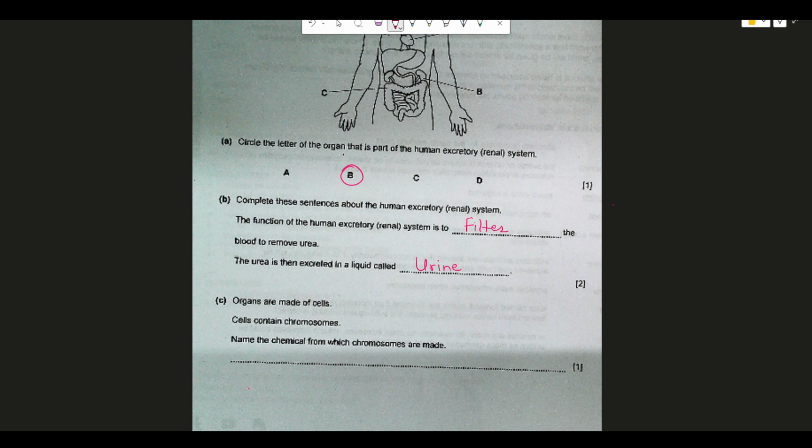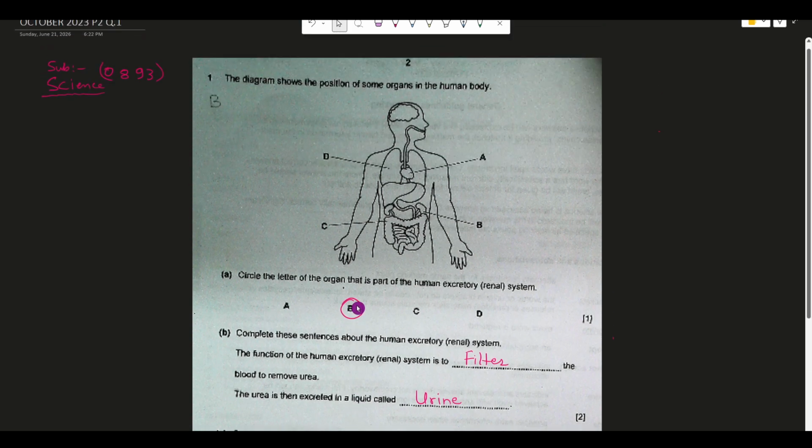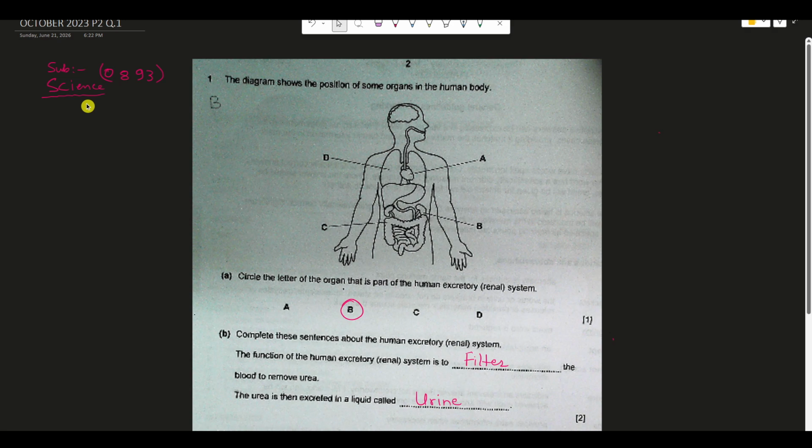Chromosomes are made from a chemical known as deoxyribonucleic acid, or in short you can write DNA. That will be sufficient. So a chromosome is made up of DNA, deoxyribonucleic acid.